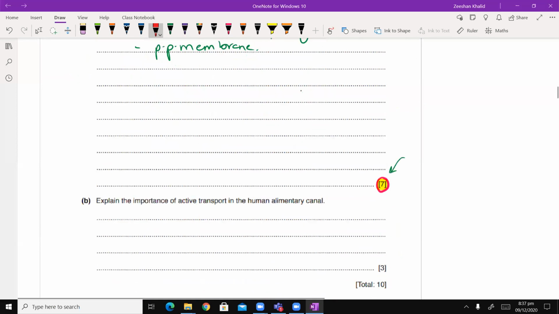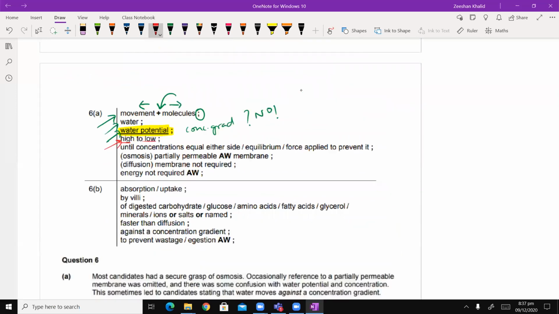So let's see the rest of the mark scheme. Until concentrations equal either side, or equilibrium, or force applied, or the thing I told you yesterday, no net movement. Okay? That is, once that is done, then there is no net movement.